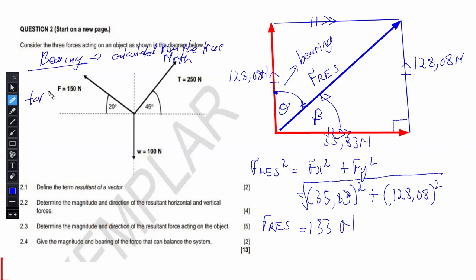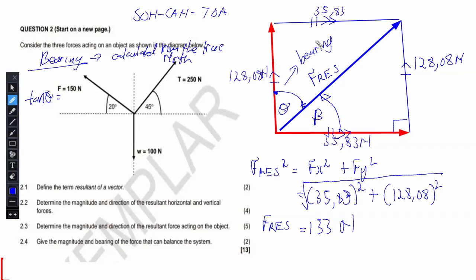And then this is going to be tan theta. Understand that tan according to SOHCAHTOA is opposite over adjacent. If you put your angle here, your opposite is this side here.